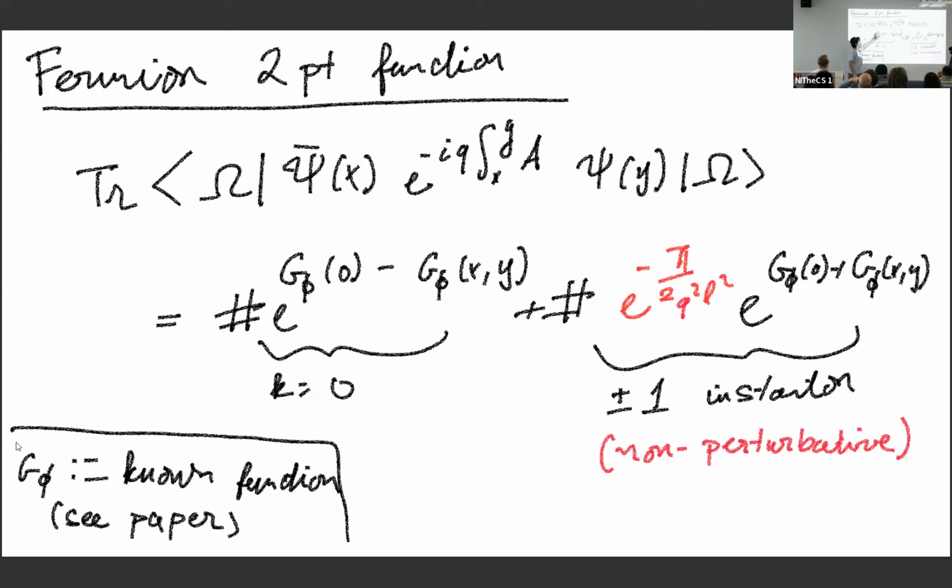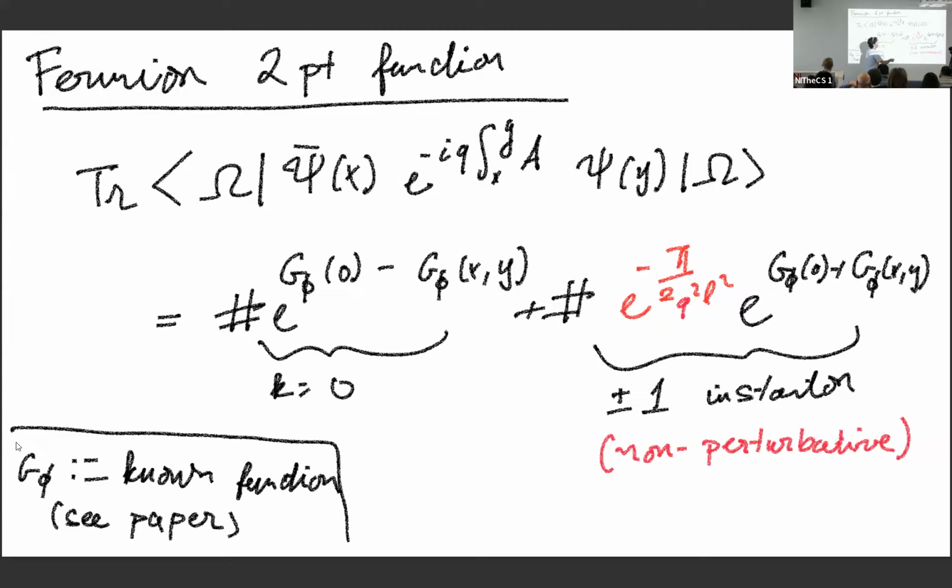There's a contribution. So for the case of this analysis, I set p equals 1. There is a contribution from 0 instantons, and there's a contribution from the plus or minus 1 instanton. And the 0 instanton contribution looks like this in terms of some functions g phi. I'm not going to give them to you because they're not very illuminating.